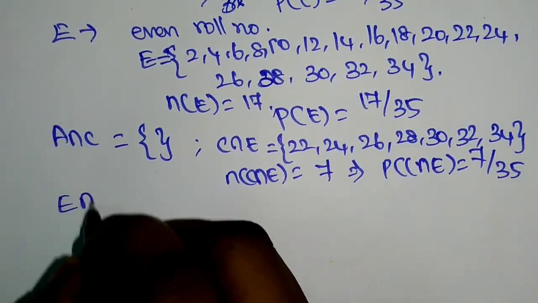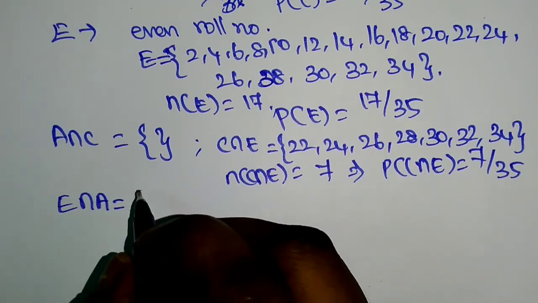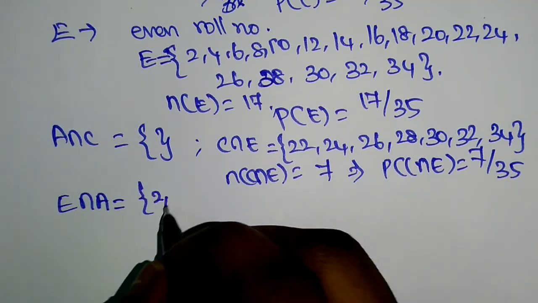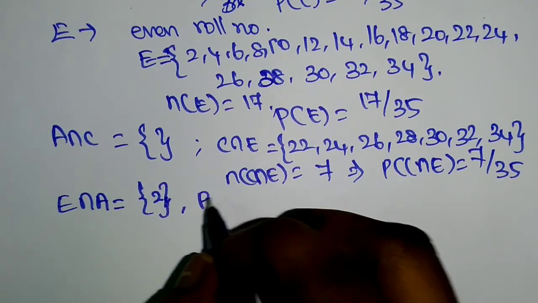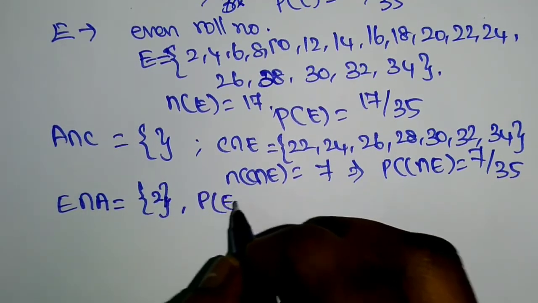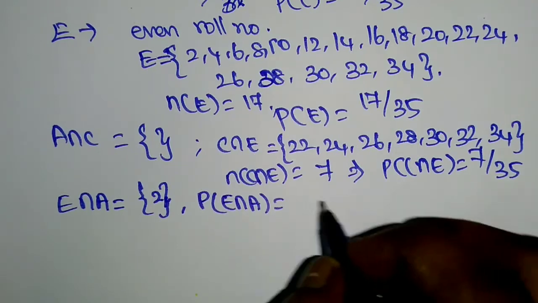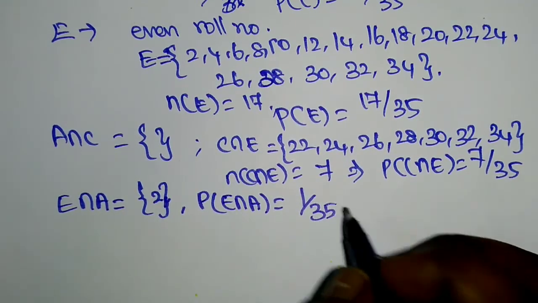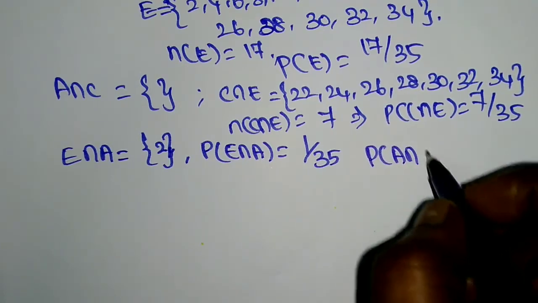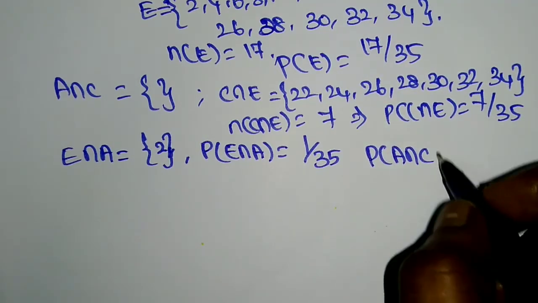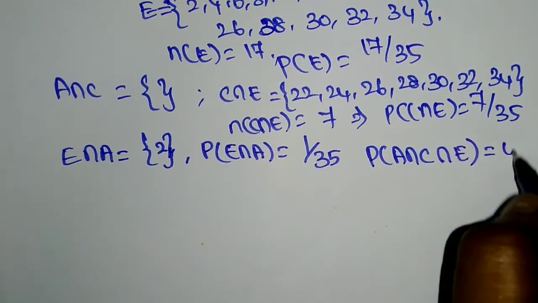E intersection A is equal to 2, so P of E intersection A is equal to 1 by 35. So P of A intersection C is 0.